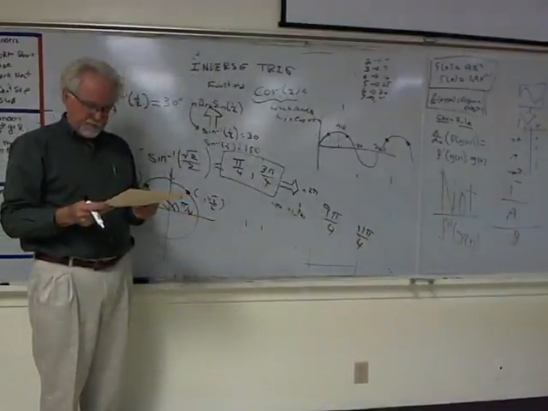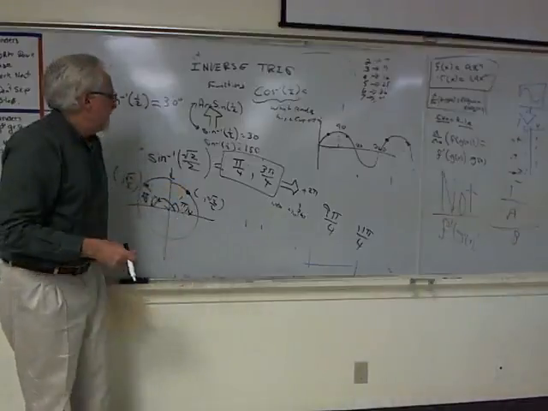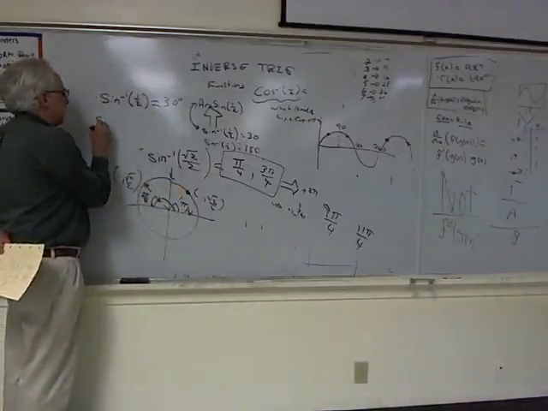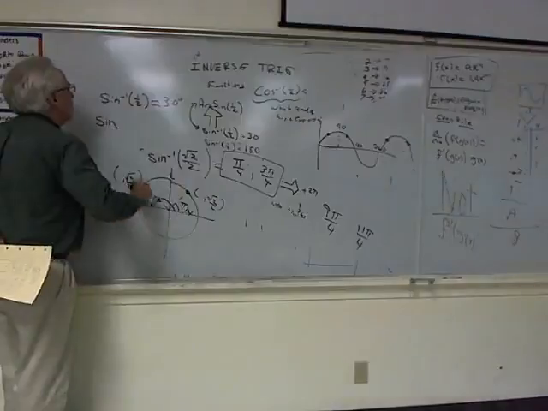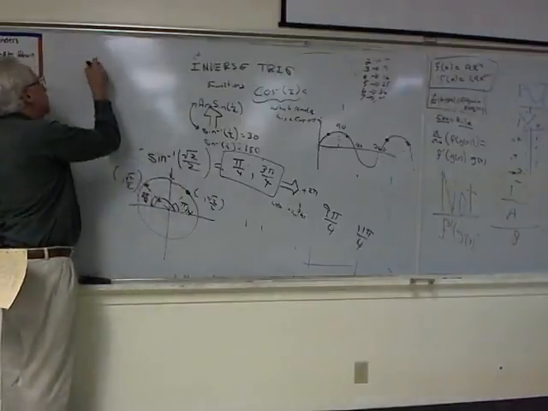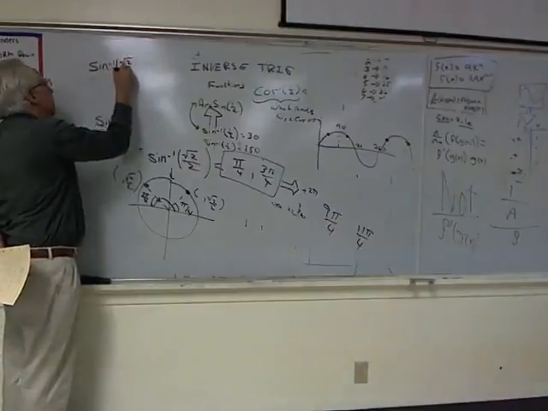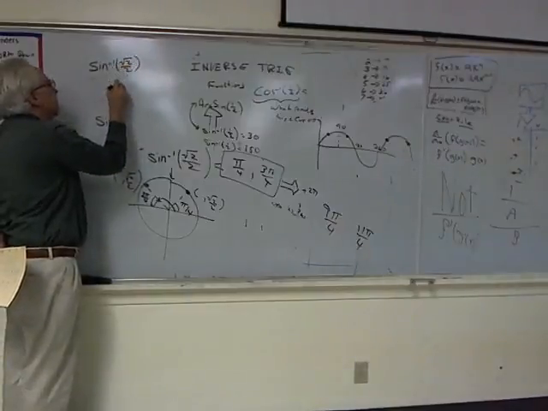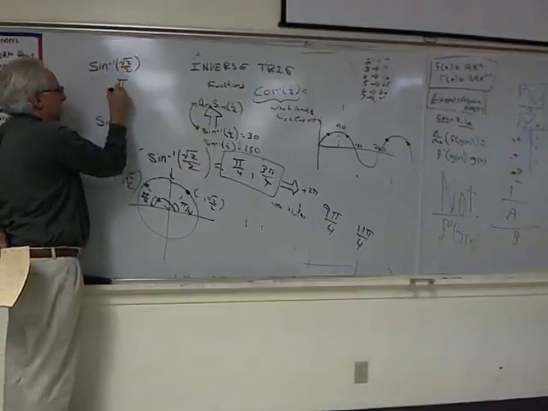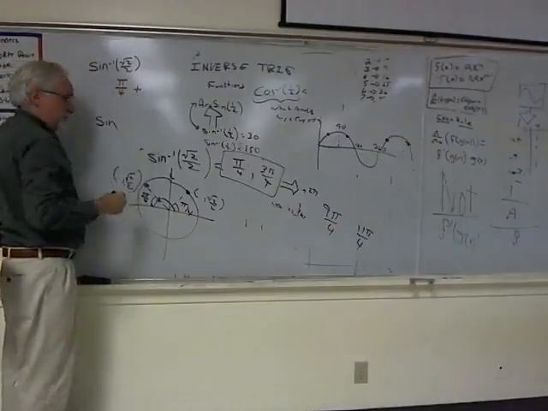Since sine of theta is periodic and not unique, there can be more than one solution. Okay? So let's do this one in radians, just so that we get good in radians. What if I say sine inverse of the square root of 2 over 2?